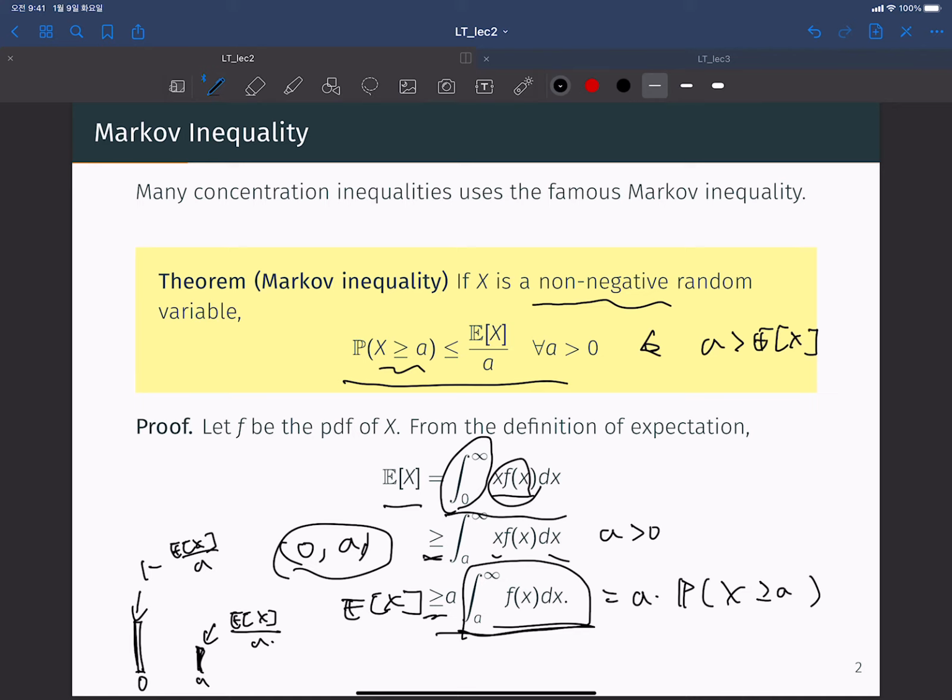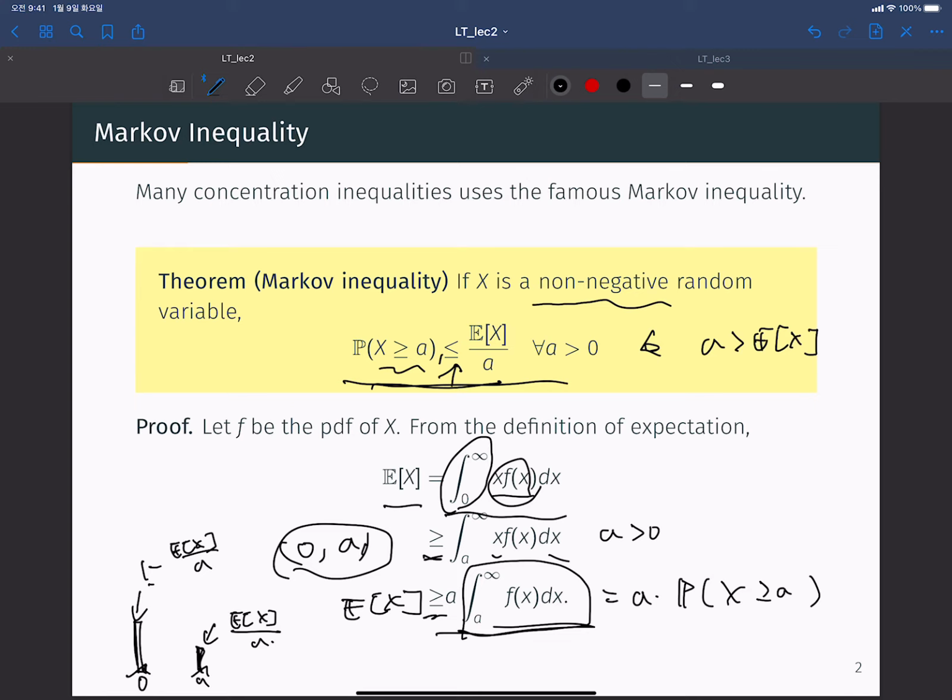So the Markov inequality has this sign, and the equality holds when the PDF of x has these two delta functions, Dirac deltas, at point 0 and at point a, with constants 1 minus the expectation of x over a and the expectation of x over a. Then we have this equality sign.